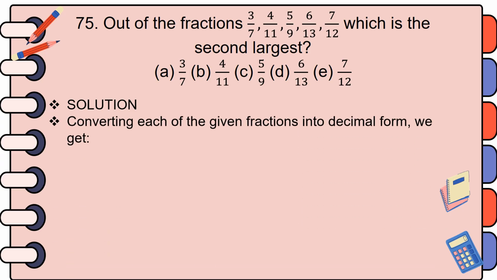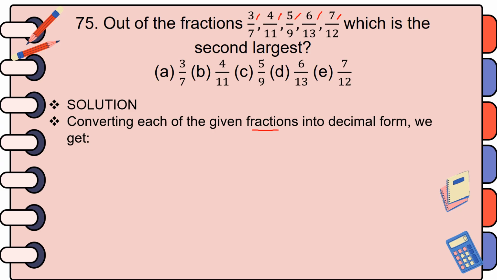Okay, now you are given here the fractions 3 over 7, 4 over 11, 5 over 9, 6 over 13, and 7 over 12. To get the second largest number, first you have to convert each fraction into decimal form.